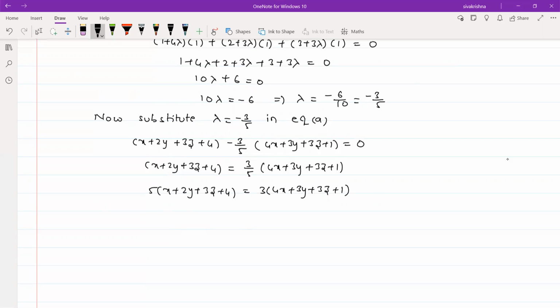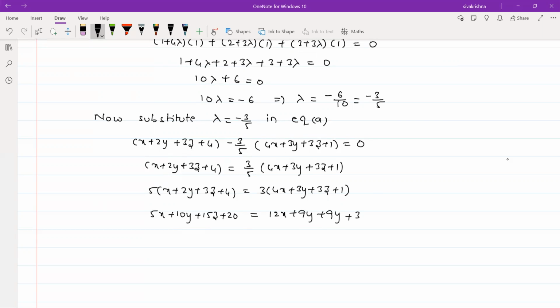Now multiplying on the LHS with 5, we get 5x plus 10y plus 15z plus 20, since 5 fours are 20, equals 12x plus 9y plus 9z plus 3.